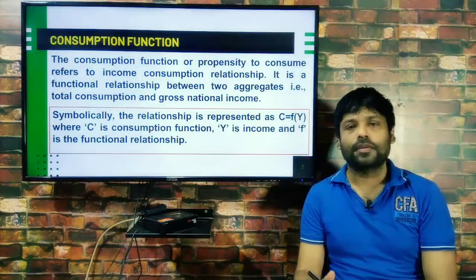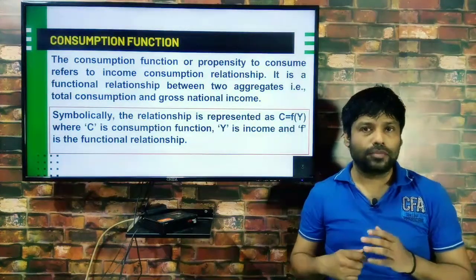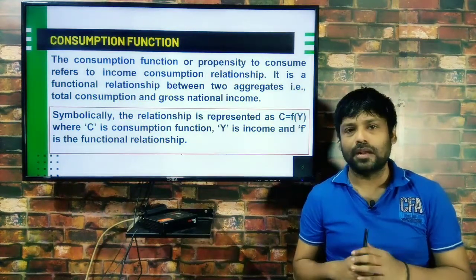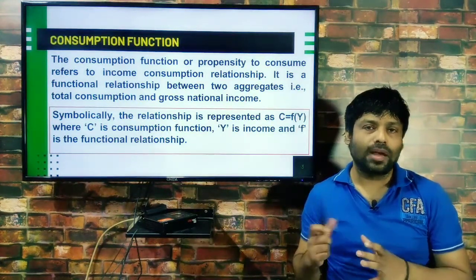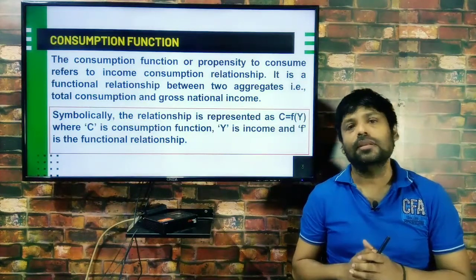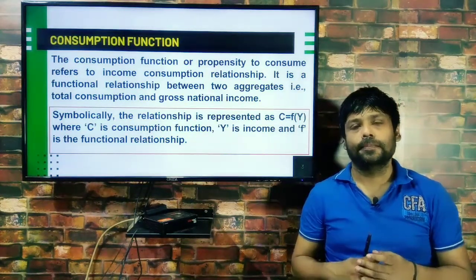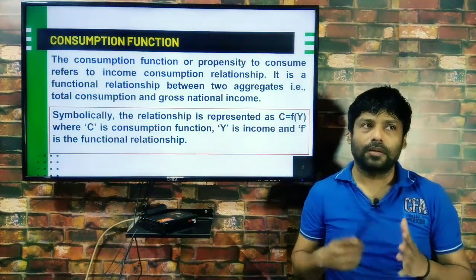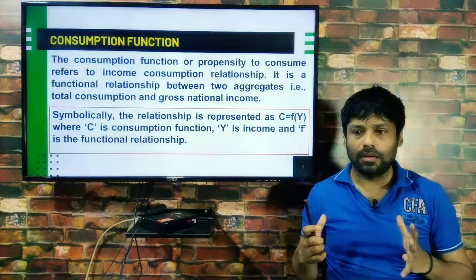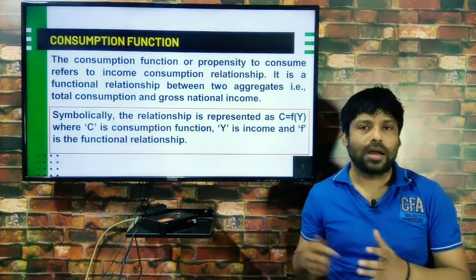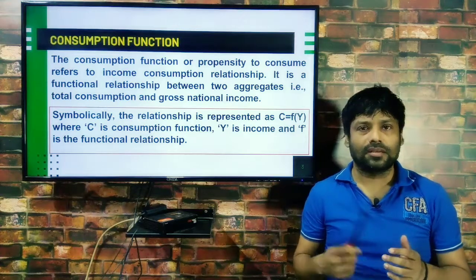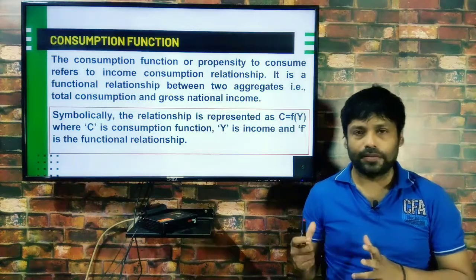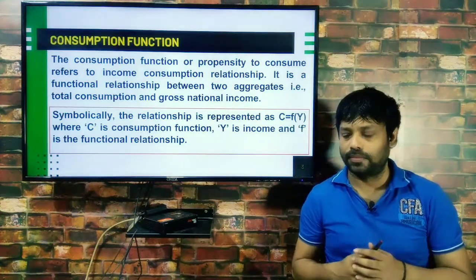Consumption function refers to income consumption relationship. It is actually a functional or mathematical relationship between two aggregates, total consumption and total income. Mathematically, the relationship can be represented by C = f(Y), where C stands for consumption, Y stands for income, and f stands for functional relationship.